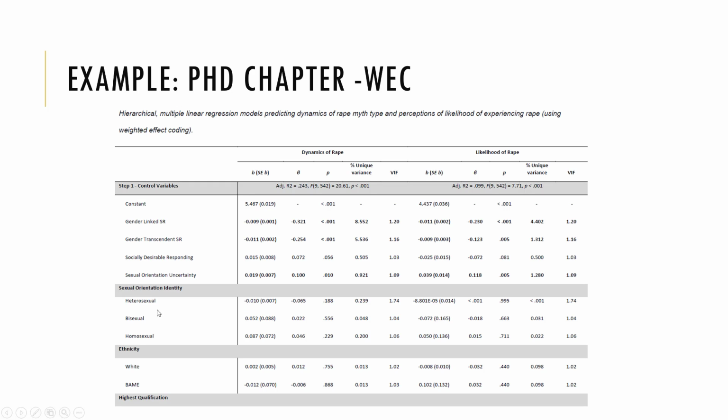So heterosexuals were less rejecting of myths on average, and bisexual and homosexual self-identified individuals were more rejecting of rape myths. But as we can see from the p-values, none of those comparisons with the average score was statistically significant. But it gives you an idea of how weighted effect coding works in practice.